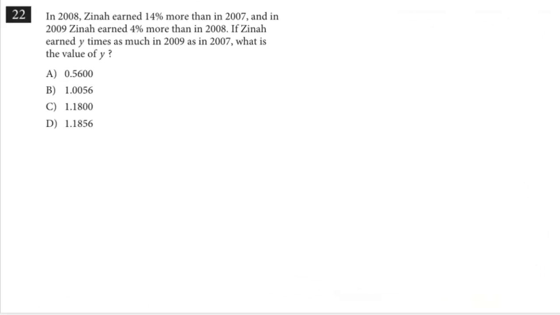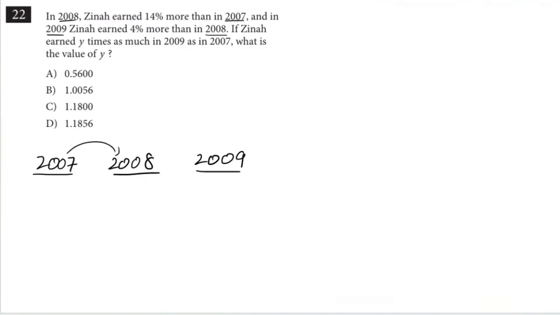Question 22. In 2008, Zyna earned 14% more than in 2007. So 2008 is 14% more than 2007. And in 2009, Zyna earned 4% more than in 2008. So there's 2007, 2008, and 2009, with some percentage increase each time.